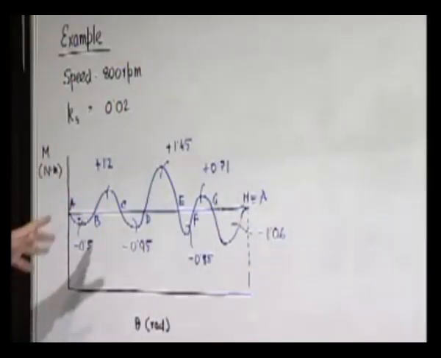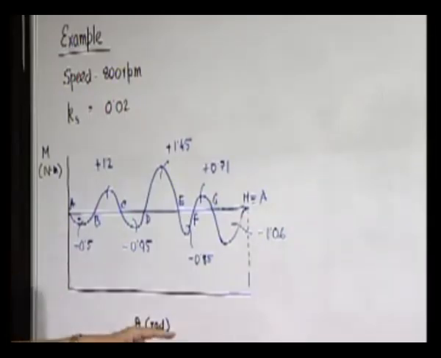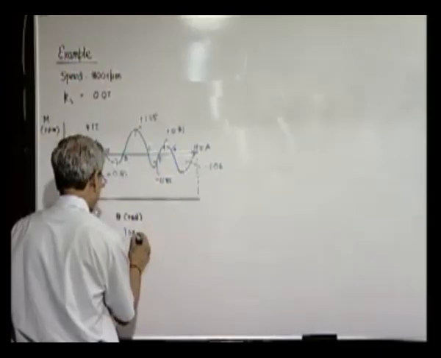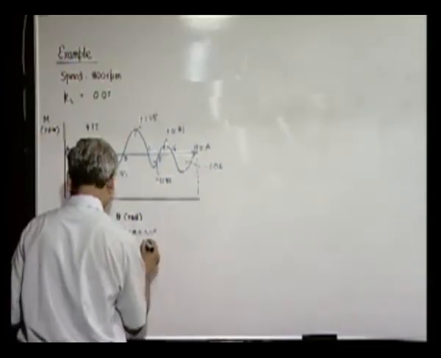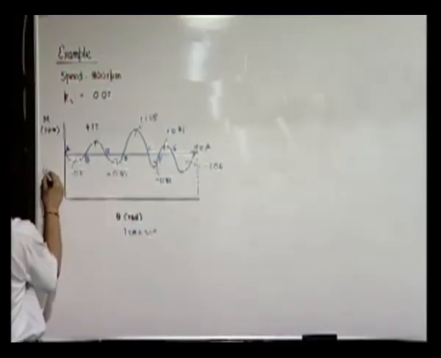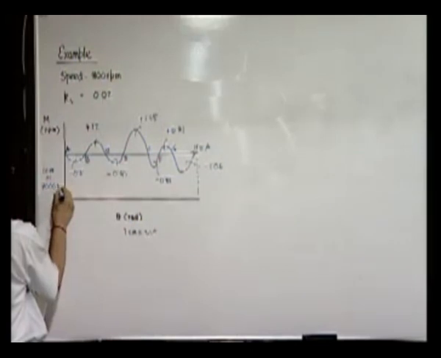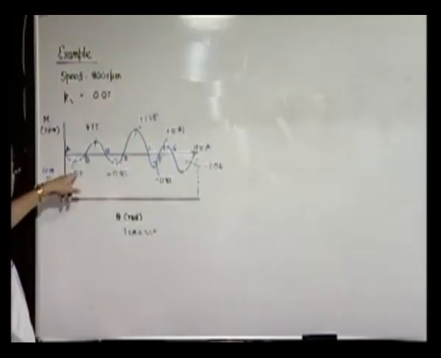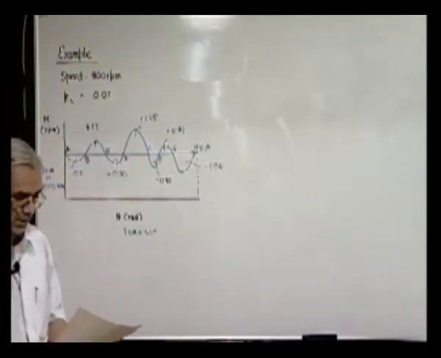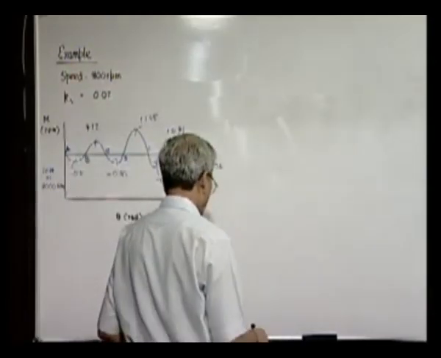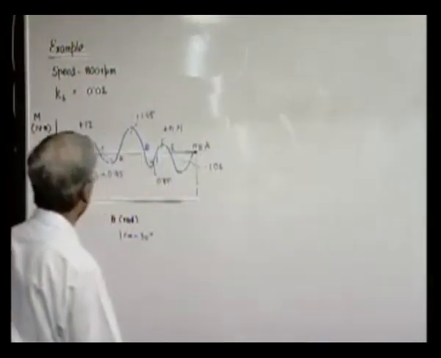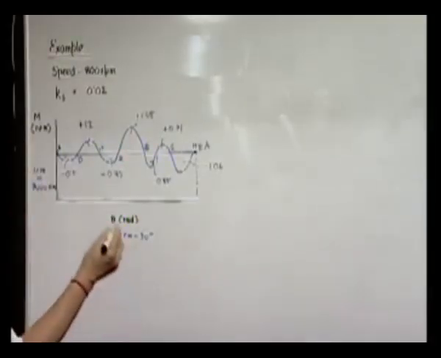So we plot this. Here the scale is 1 centimeter equal to 30 degrees, and 1 centimeter will be equivalent to 7,000 Newton meter. Using these scales, these are the areas we measure by planimeter. Next, let us find out the maximum kinetic energy and minimum kinetic energy as we have been doing.